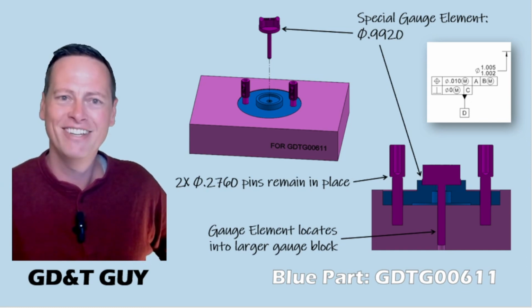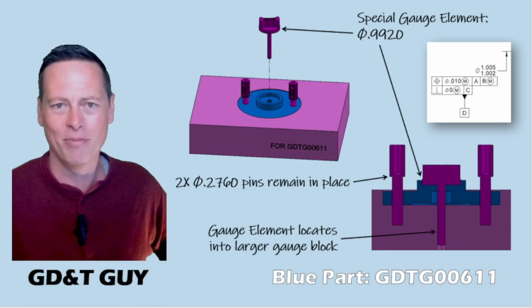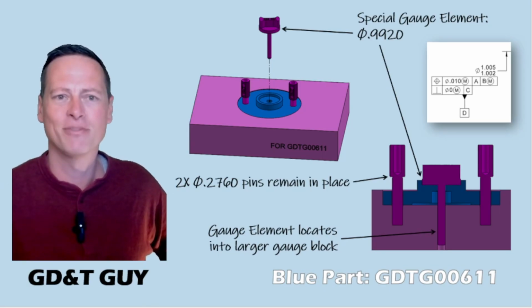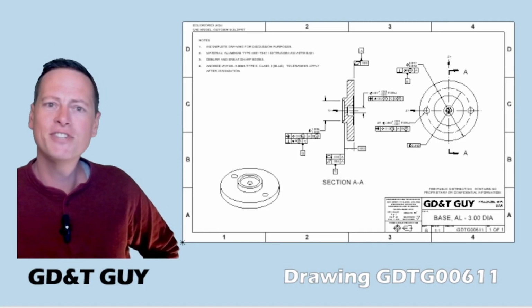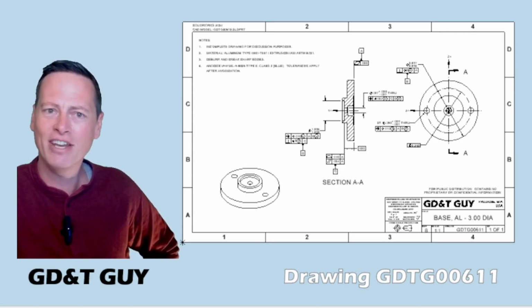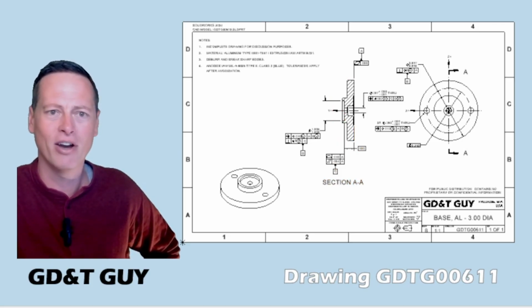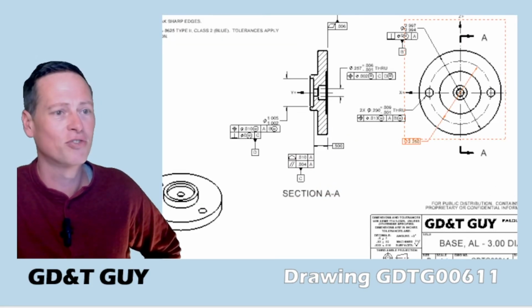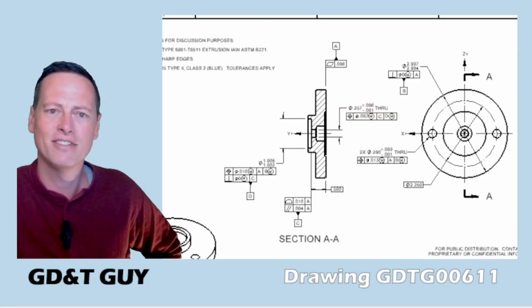And importantly, this inspection is happening with the .276 diameter pins still in place, what we'll call a simultaneous requirement. We'll be talking about that some more coming up. Okay, so you can see here that even with no tertiary rotational constraint, we can still fully define the tolerances for the features on this part, including rotational control of the .290 holes.